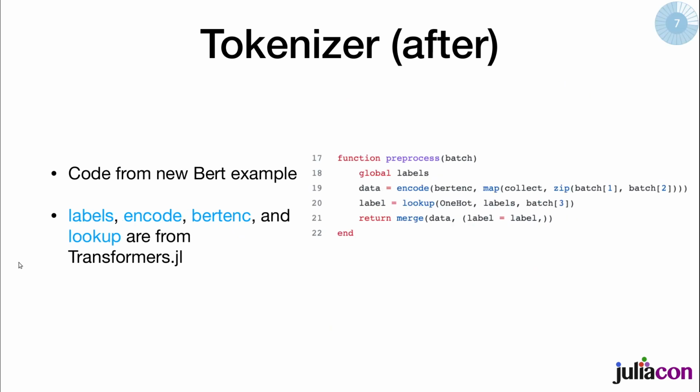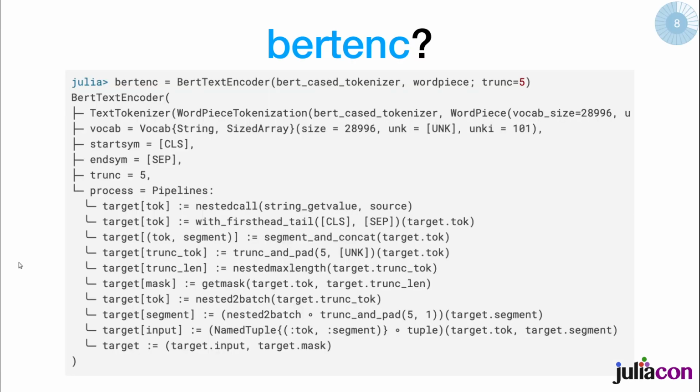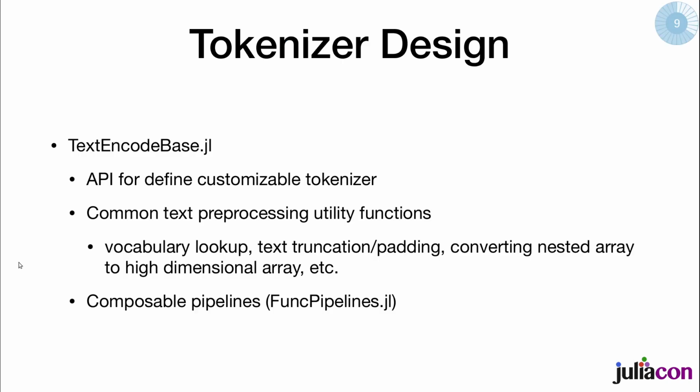In the newest version, we designed a tokenizer API that can simplify the process and still remain customizable, which looks like this. A text encoder consists of 3 parts: a tokenizer, some config, and a processing pipeline. So the new design is based on TextEncodeBase.jl.